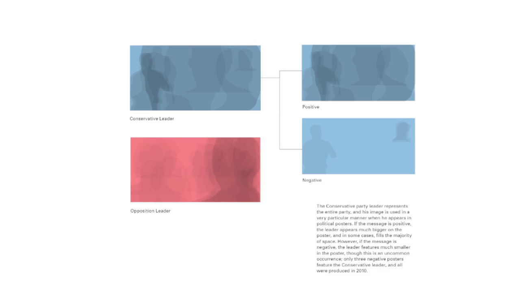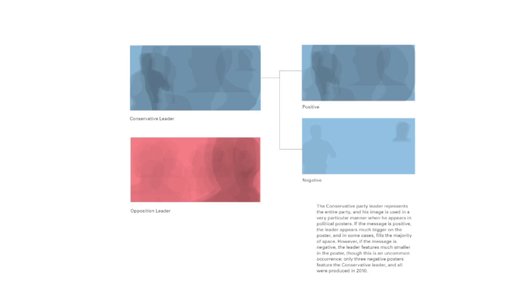As I mentioned before, the opposition leader and the Conservative leaders appear at different sizes and in relation to different themes. Obviously when a message is positive, the Conservative leader will appear a lot more often and at larger sizes, in some cases filling the entire space in some of the posters from the 90s.